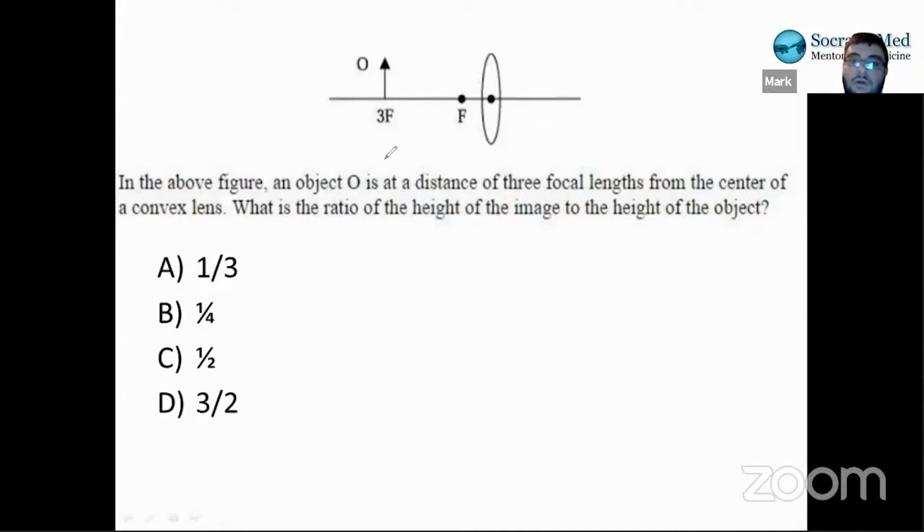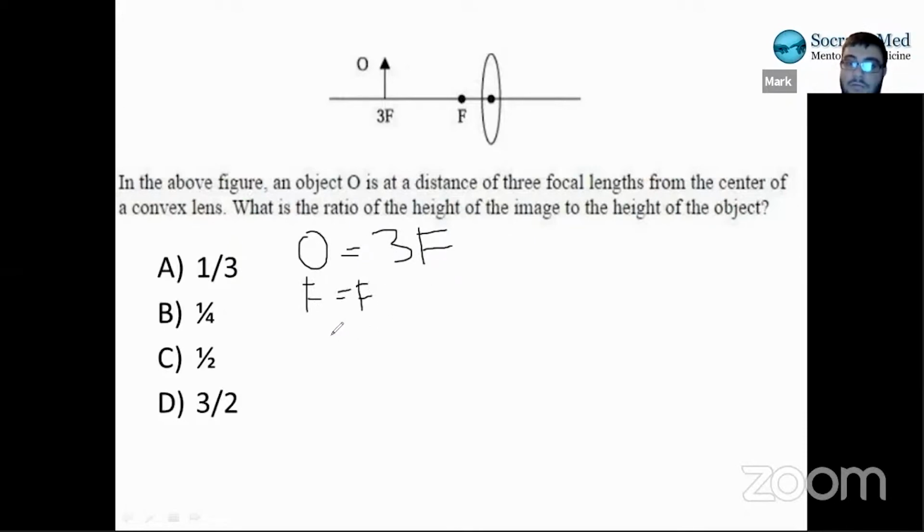So first thing you want to do, write down what you know. An object is at a distance of 3 focal lengths from the center. So that means O, which is the object distance, is equal to 3F, right? Well, you know that F is equal to F, and you know that O is equal to 3F.